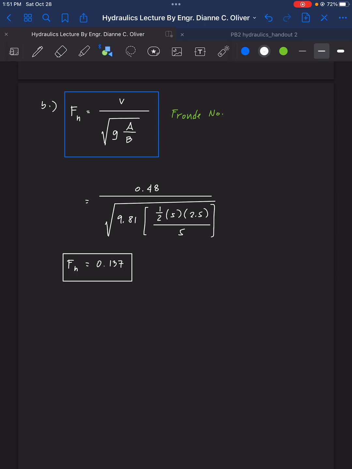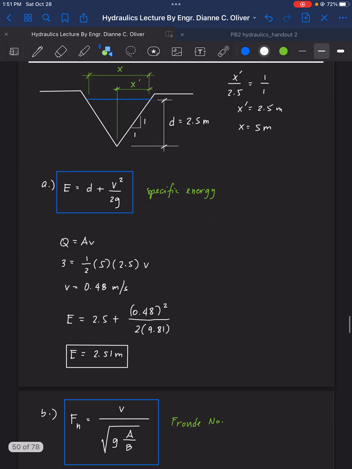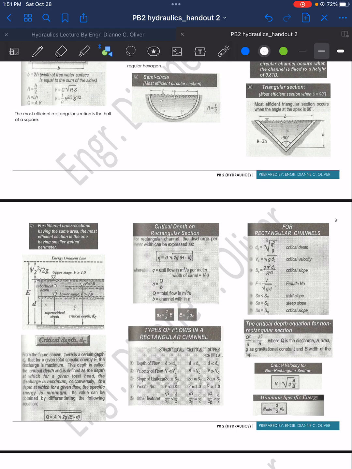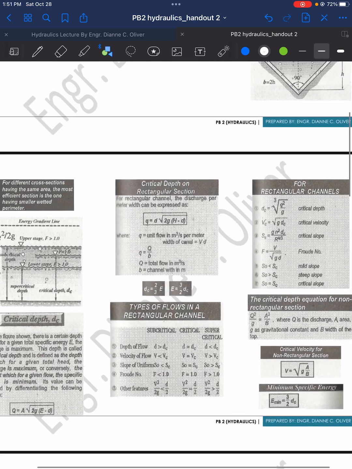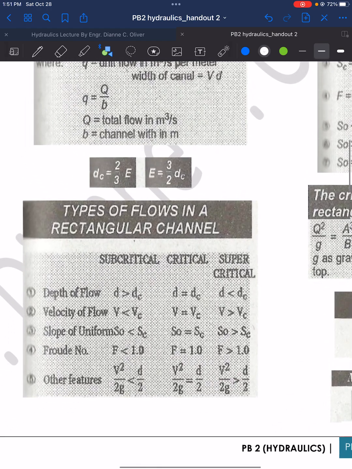Now for letter C, what is the type of flow? For the Froude number here, if it is less than 1, it is subcritical. If it is equal to 1, it is critical. And if the Froude number is greater than 1, therefore it is supercritical.